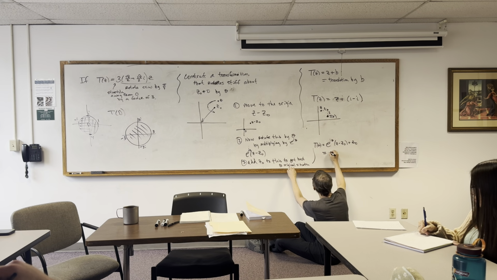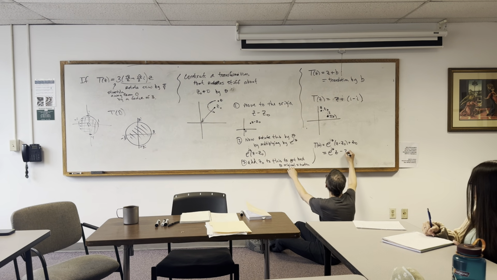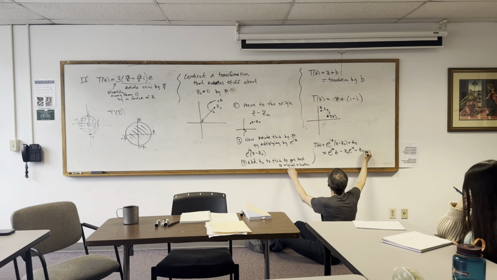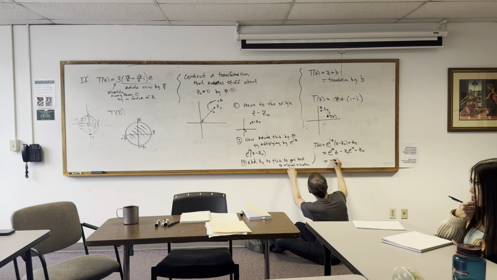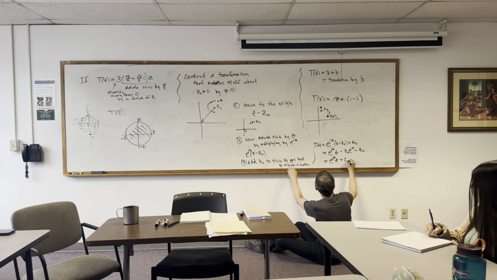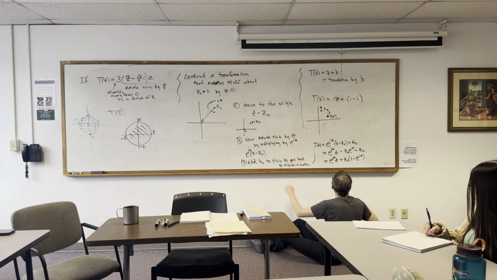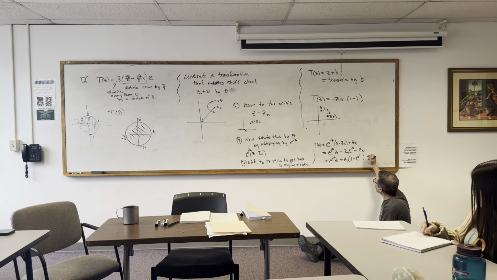But let's expand it out, so it's e to the i theta Z. And then let's do a couple steps here. And so I'm going to group these two together and just factor out that Z naught. And do a little bit of funky rewriting just to make it look pretty.